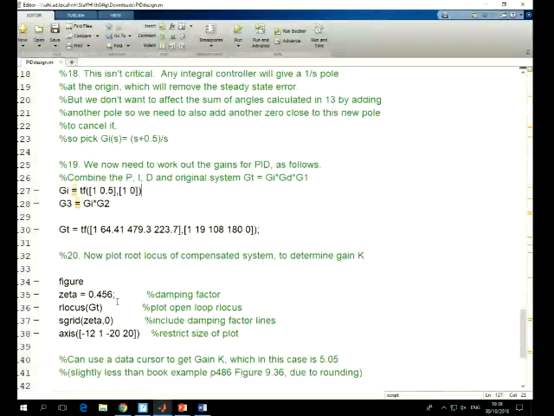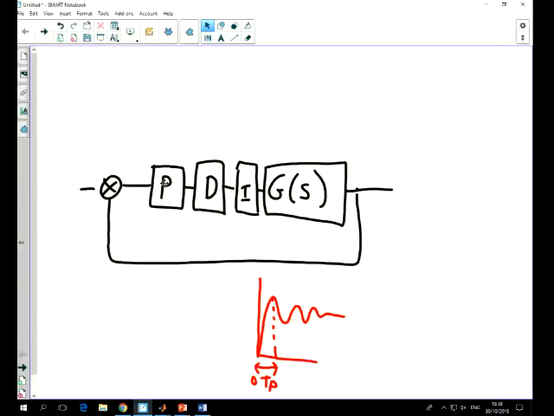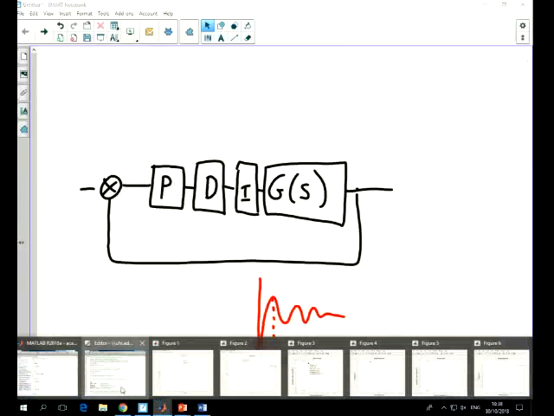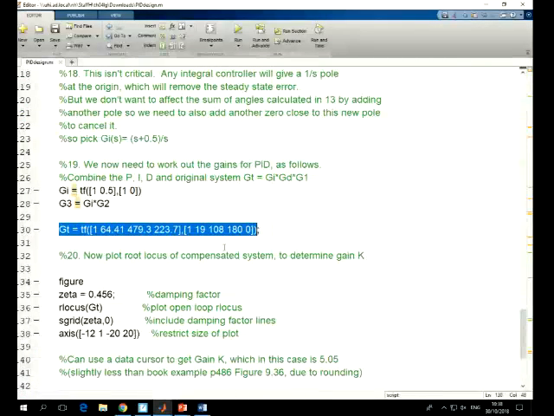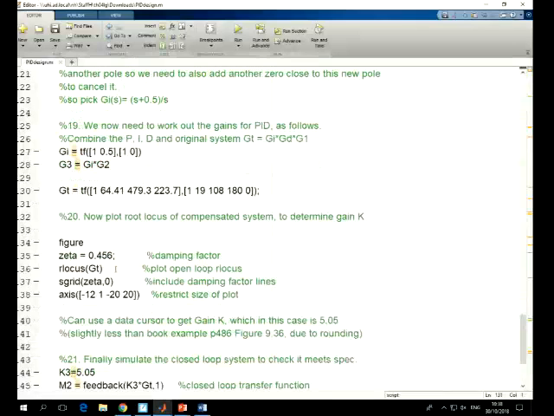Right, then we combine them all together. So now we've got 3 things in cascade. Well, actually, we need to recalculate P, but we've got D, I, and G in cascade, which gives us this transfer function for this example. Then we've got another root locus, because the last thing we need to do is get a new p-value for the new system, the system with the D, I and the transfer function.